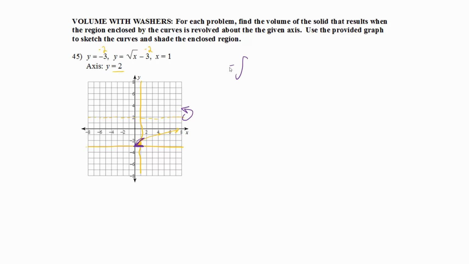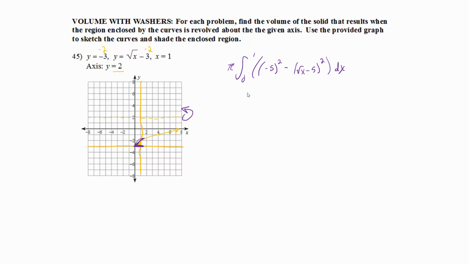So this is pi. It's between 0 and 1. We want to do -3 minus 2, which is -5 first, because it's on the outside. Since it's underneath where we're rotating, we want to do bottom minus top instead of top minus bottom. And then we want to do (square root of x minus 5) squared.